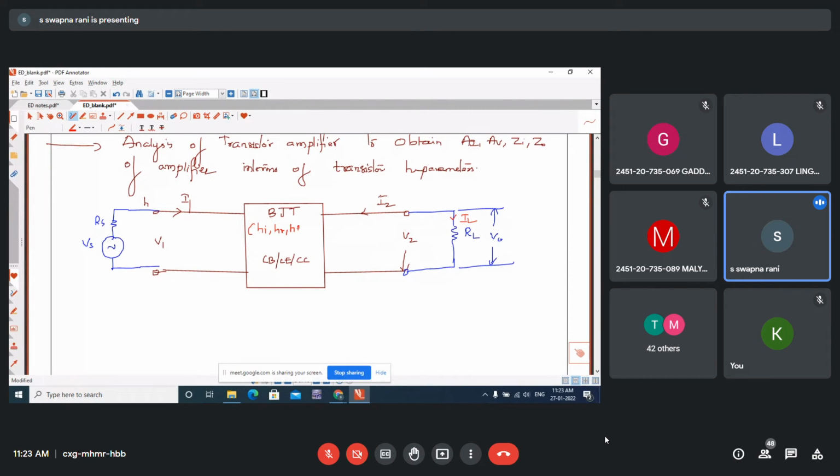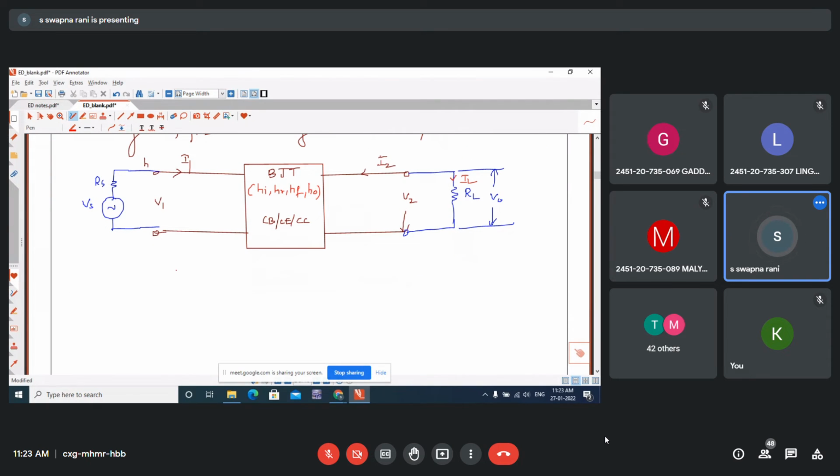Now, the device parameters of the BJT are HI, HR, HF and HO. These are the transistor parameters. It means if you take the HI value, these values are fixed for each configuration.